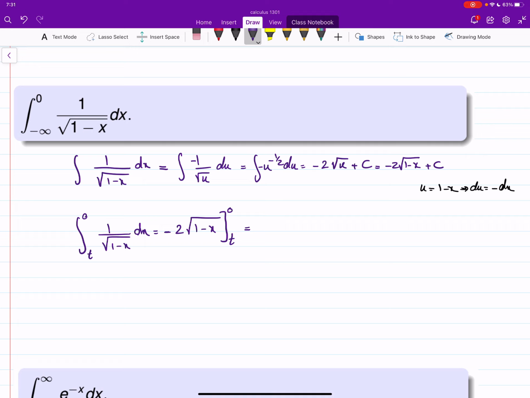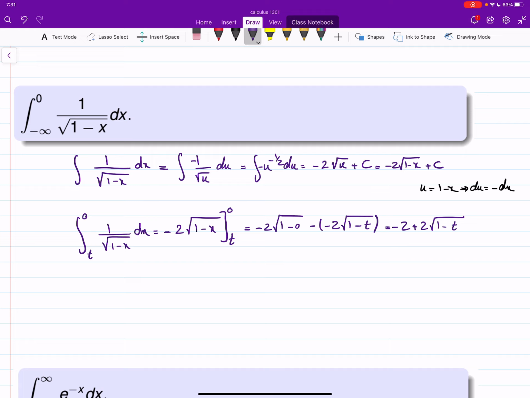Here then we have negative 2 root 1 minus 0 minus negative 2 root 1 minus t. And this is negative 2 plus 2 root 1 minus t.